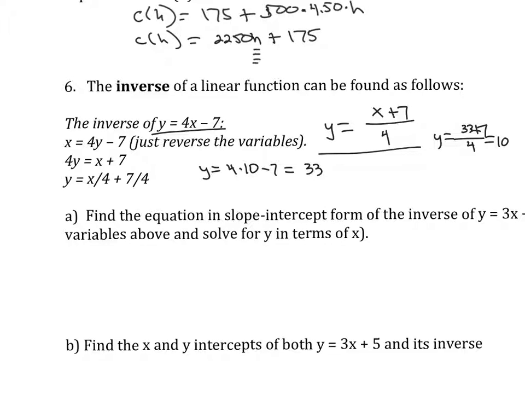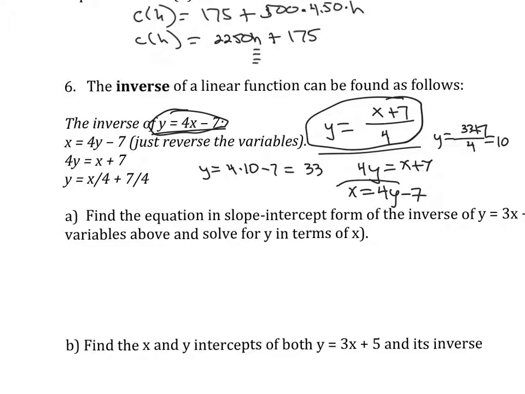Another way to think of it is that if we now solve this function for x, we're going to get first 4y is equal to x plus 7, and therefore x is equal to 4y minus 7. And what you can see is that we just have our original function, but with the variables swapped.